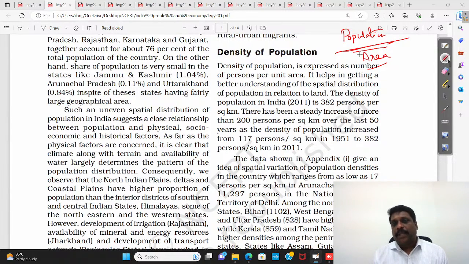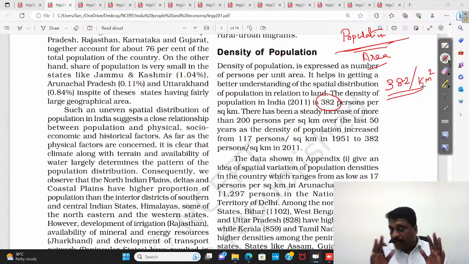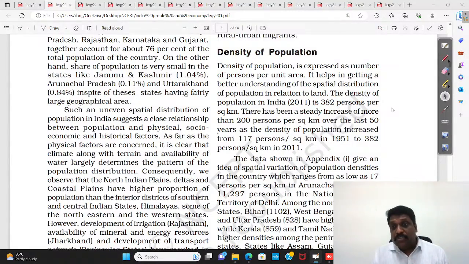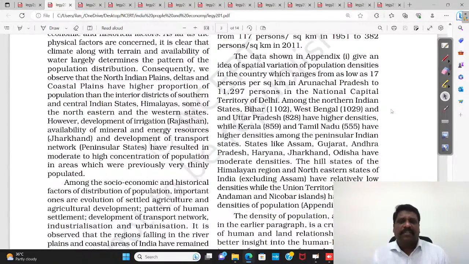In that way, when talking about India, as per the official census 2011, nearly 382 people live per square kilometer of an area. But for some states and union territories, the density of population is very, very high. Among the states, the most densely populated, very thickly populated state is Bihar, my dear friends.